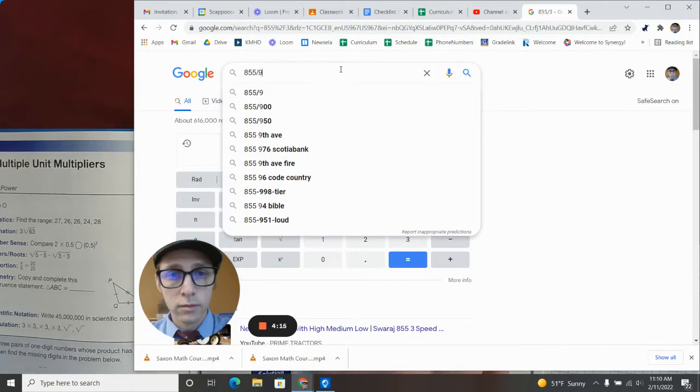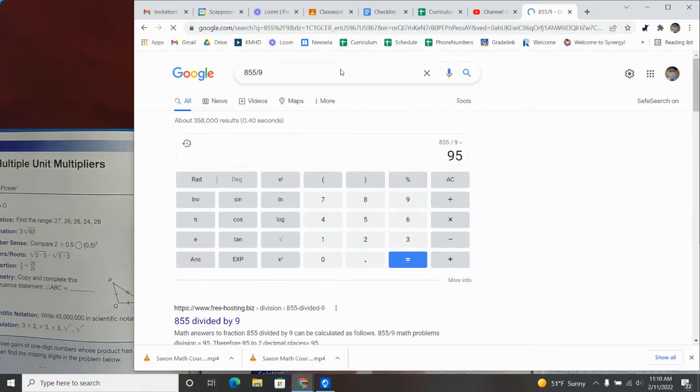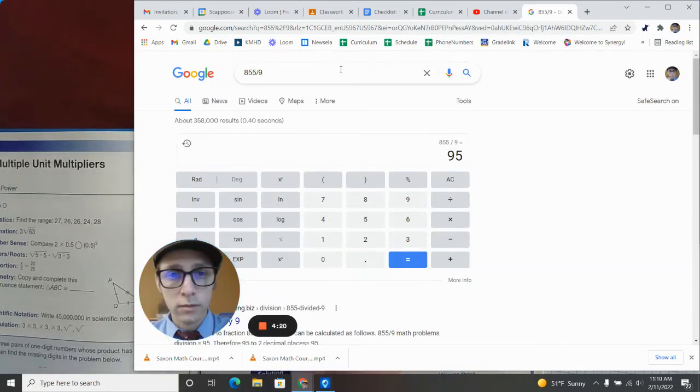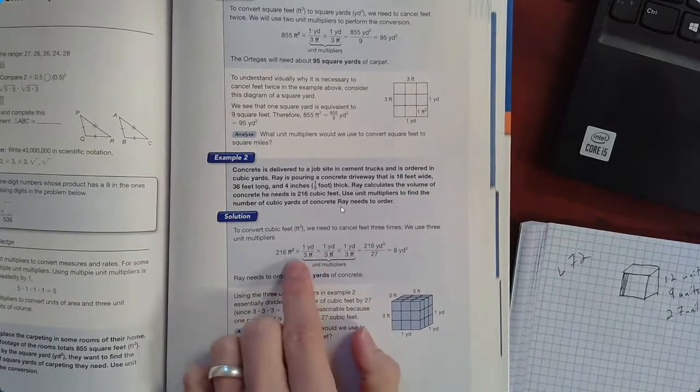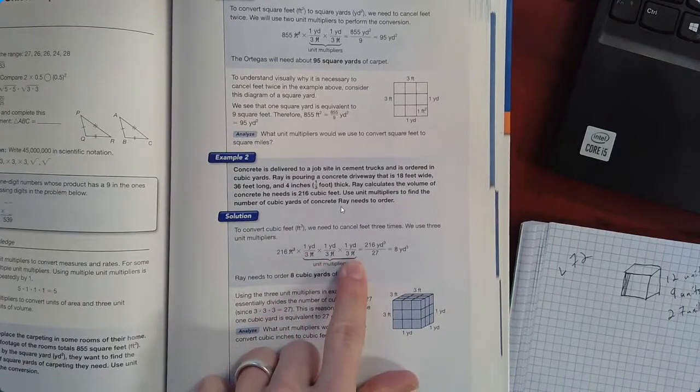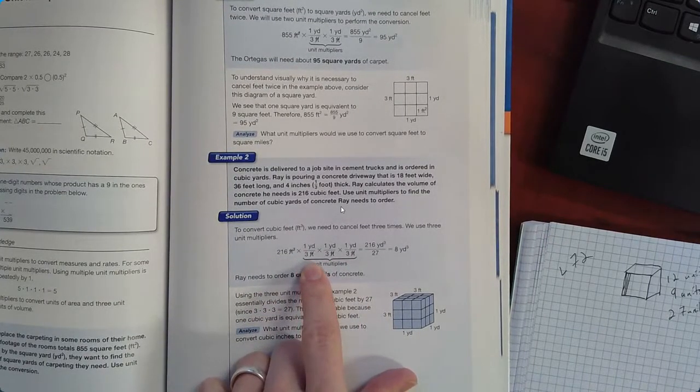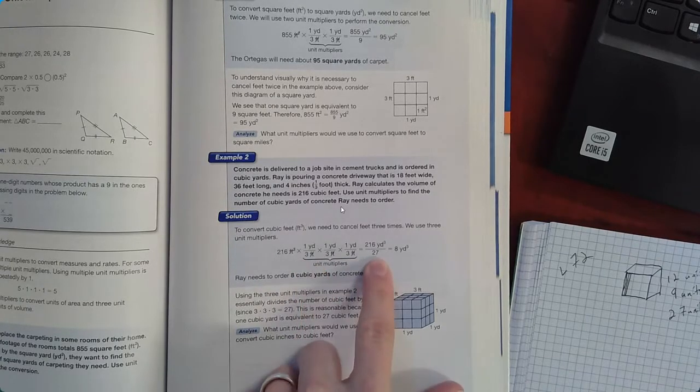So 3 feet squared, there you go. 9. That's going to give you your answer. So when we're talking cubed, we're going from feet cubed to yards cubed. Over here in this example, you have to do 3 cubed to get 27, and then you can do your math.